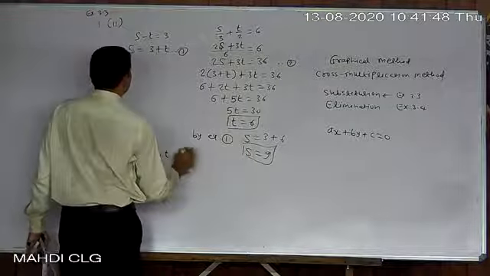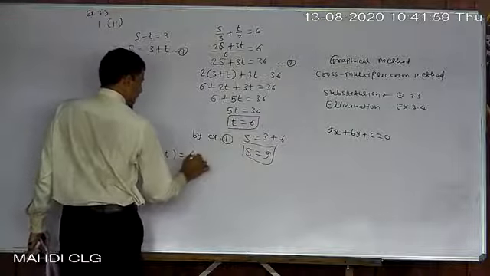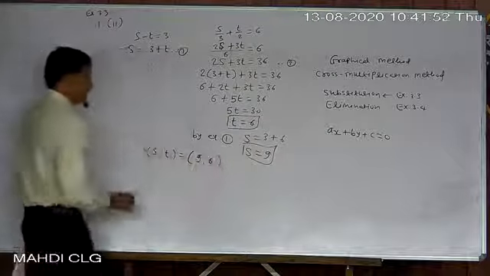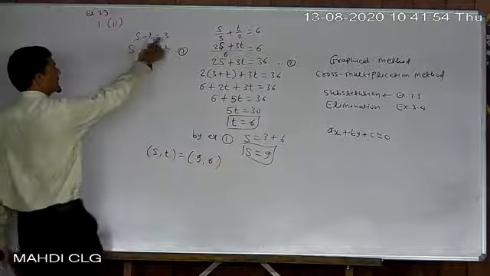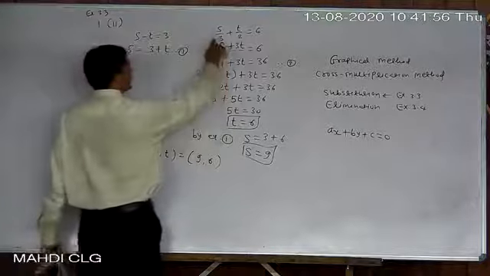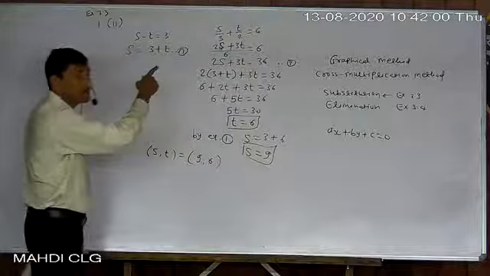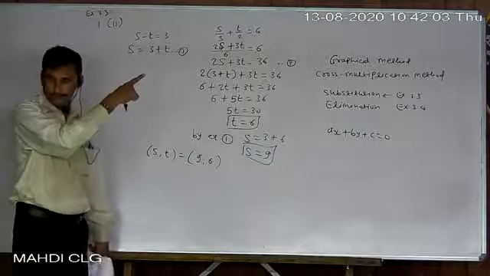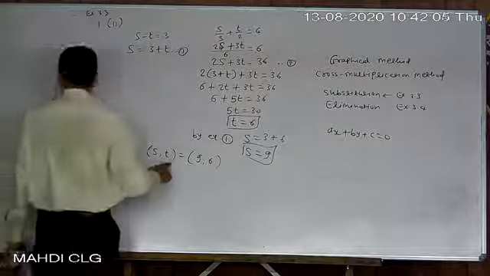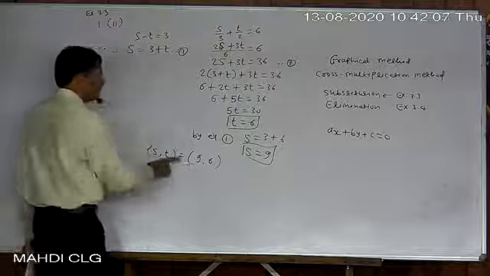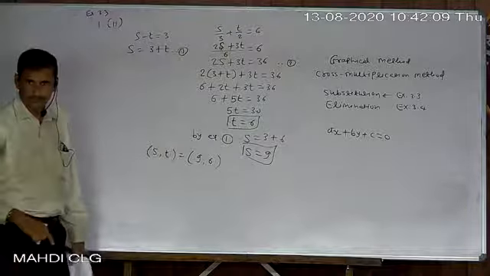So s comma t becomes 9 comma 6. Now verify it. 9 minus 6, 3. Now 9 divided by 3, 3, and 6 divided by 2, 3. So 3 plus 3, 6 there also. Okay, so you have verified your answer also.